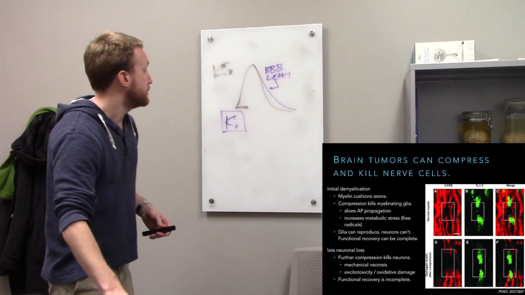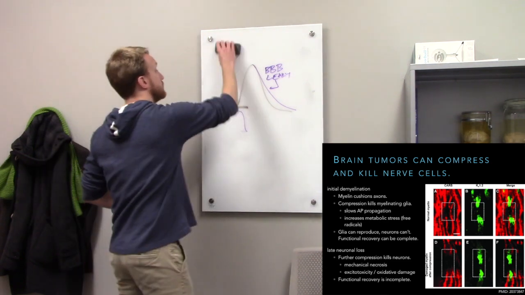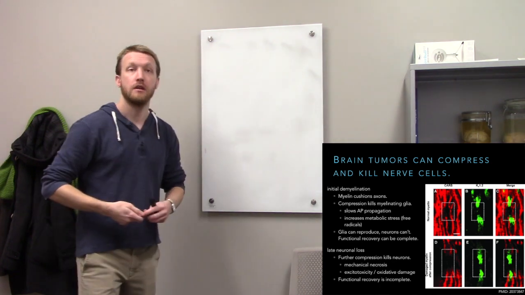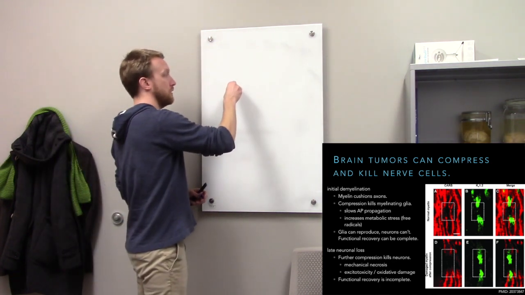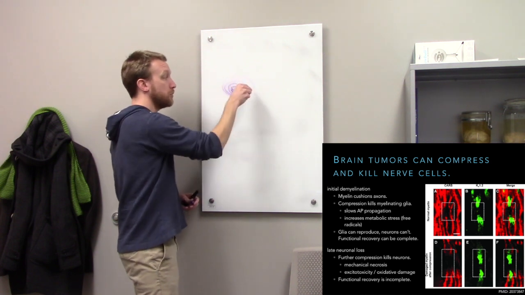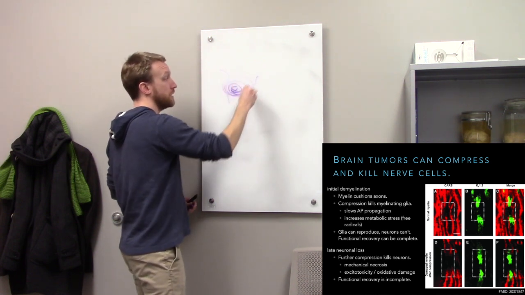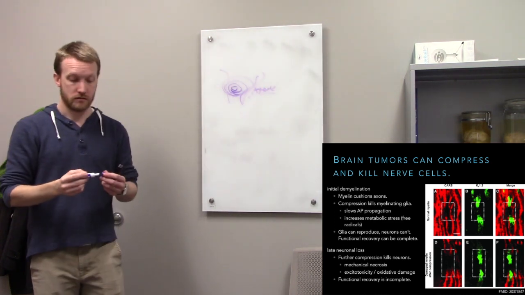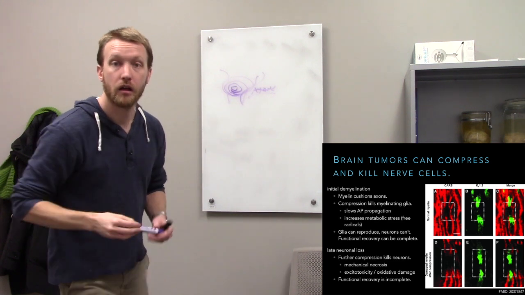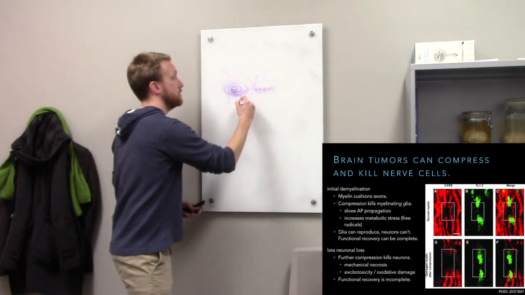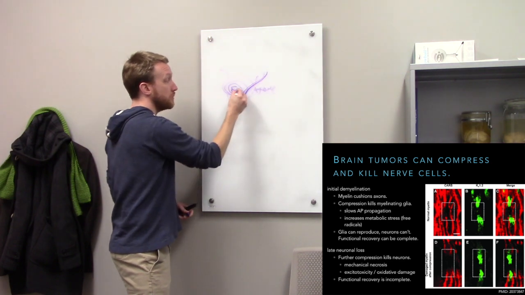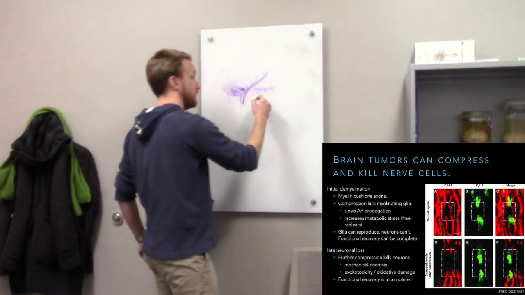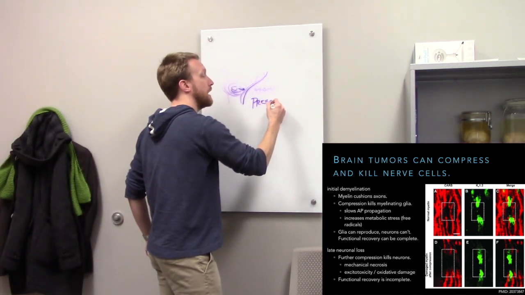Now the growth of these brain tumors can also just put pressure on nerves and neurons. So as the tumor grows, it's going to push on all the stuff that was running over here. Let's say we have a whole bunch of axons running by our tumor here. Well, we're going to put pressure on the axon, and when we put pressure on the axon, the first thing that's going to happen is demyelination.